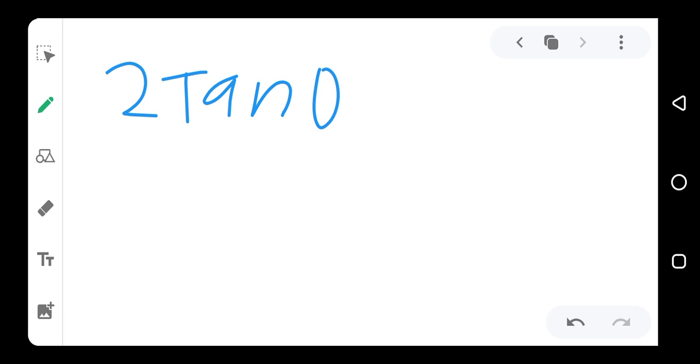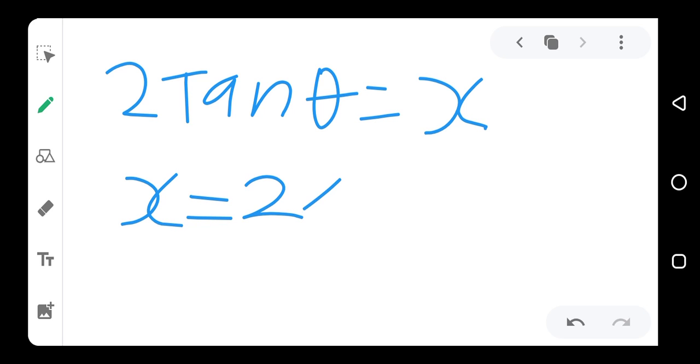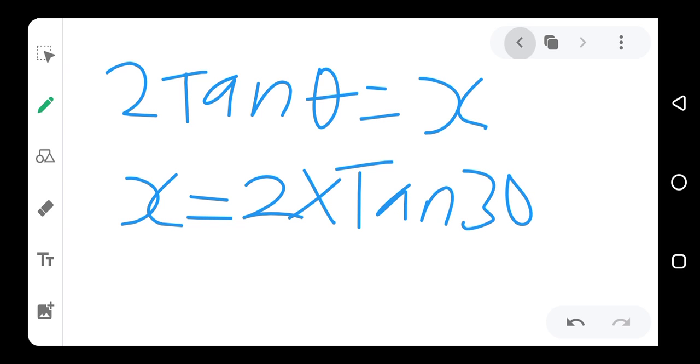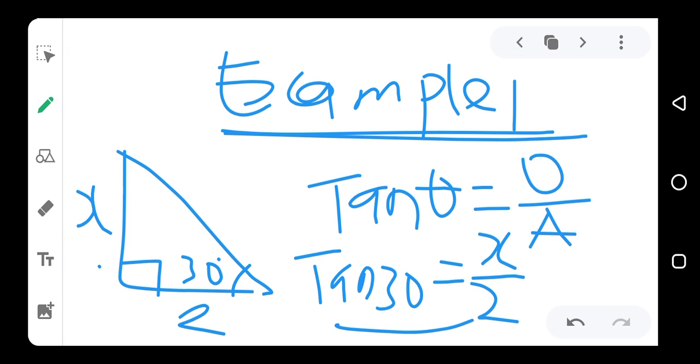It becomes 2 times tan theta is equal to x. That means that x is equal to 2 times tan 30.